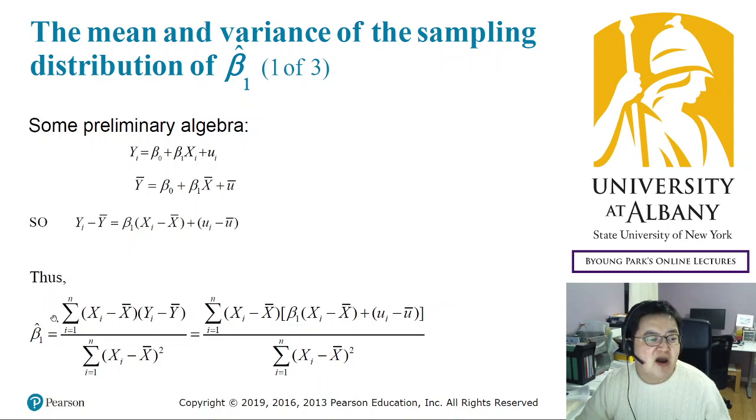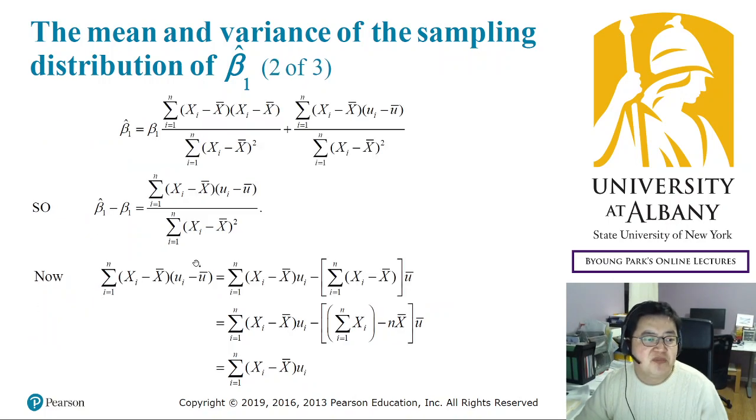It is about how we calculate beta 1 hat. Beta 1 hat is calculated this way, but it is not important because Stata, the program, is going to calculate this for you. So you will never use the formula itself unless you do some proof or derivation by hand. It's automatically calculated by the program.